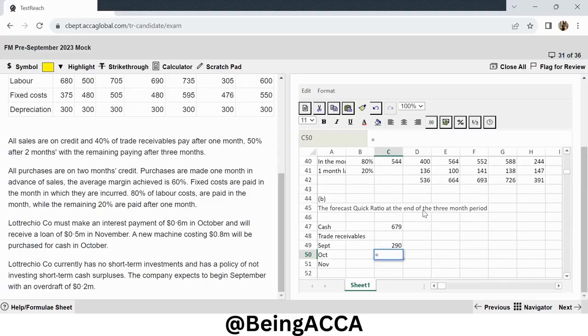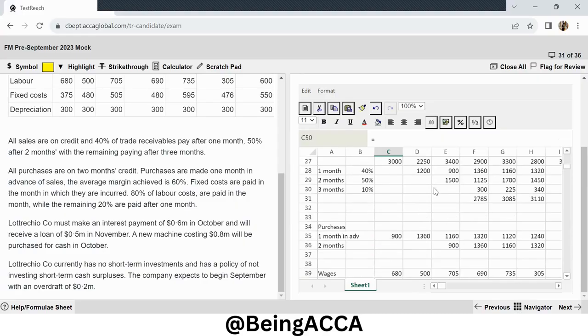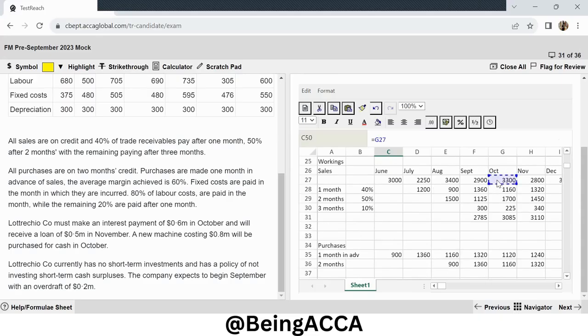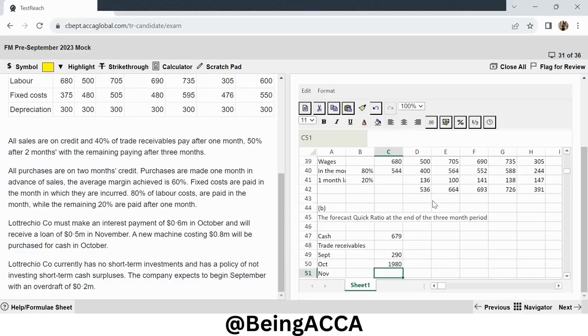Then again for October, how much were my sales? My sales for October were this much, and those who are paying after 2 months will be paying me at the end of November. So for October, I'm going to be getting 60%. So 60% I will be taking over here.